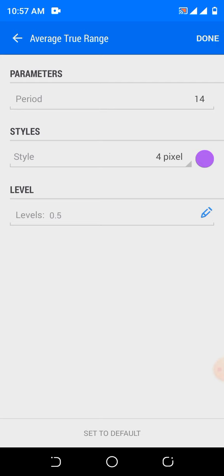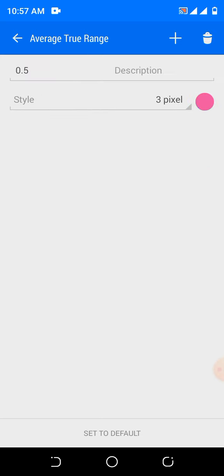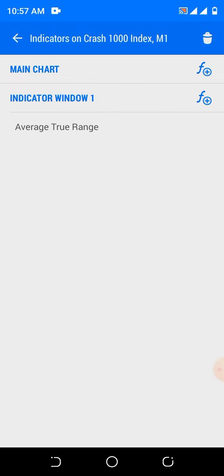For the level, the level is 0.5. Choose 3 pixels, then choose a color of your choice. That is all about the settings, and you are good to go.